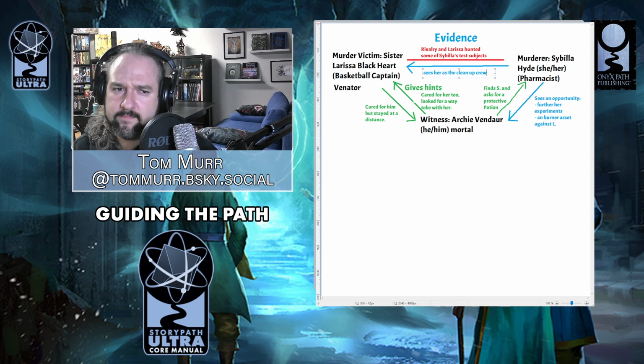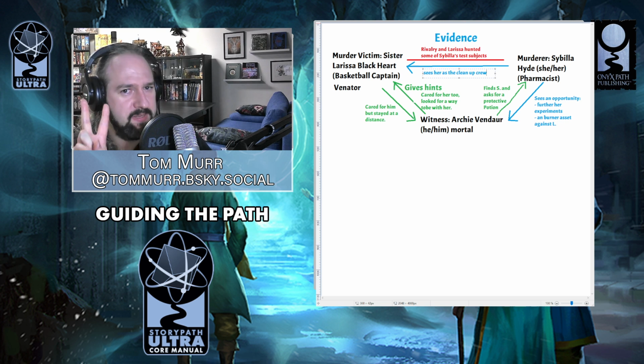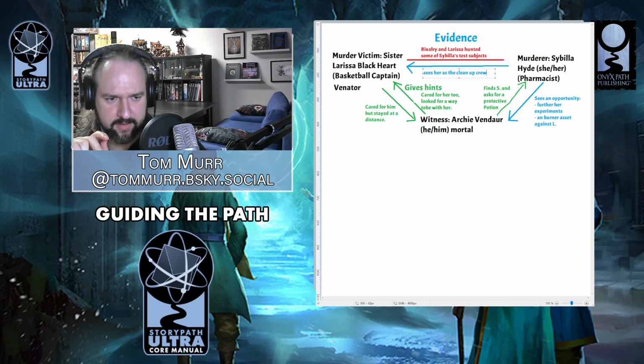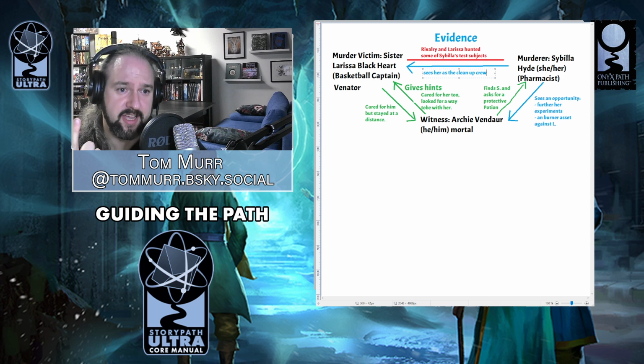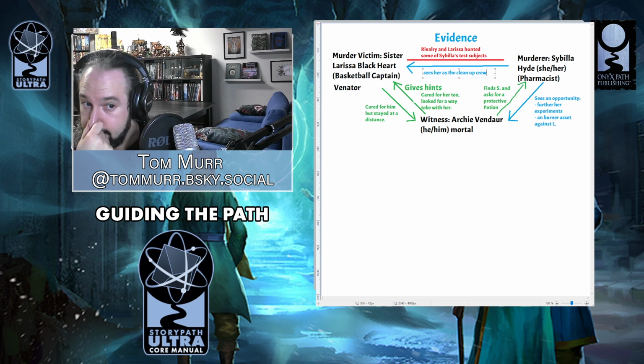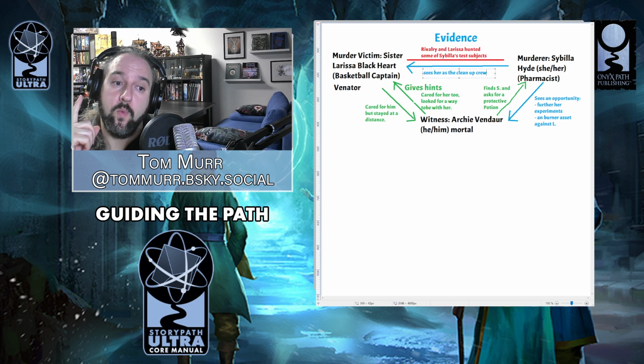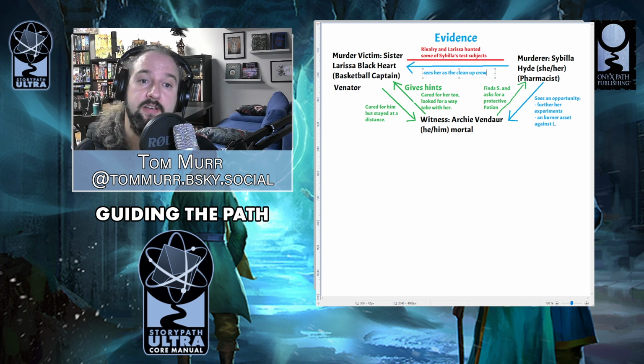So basically, we are looking at two pieces of evidence here right now. Probably three. The first one is Larissa cared for Archie. The second one is Archie cared for Larissa. And the third one is we can't be together because of accursed reasons. So we need hints for all three of these.